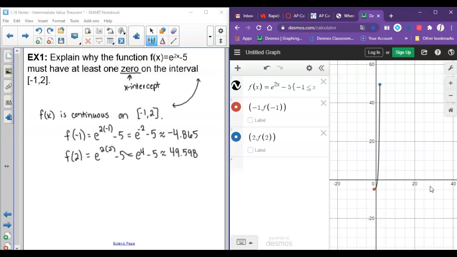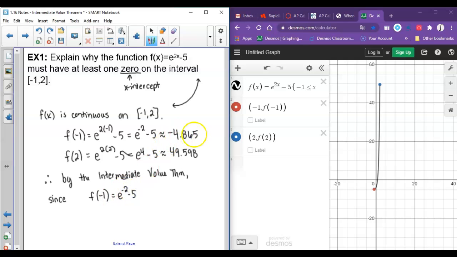So the way that we state this, we would say, in this case, therefore, by the intermediate value theorem, since, and I like to write it like this, f of -1, which equals e to the -2 minus 5.